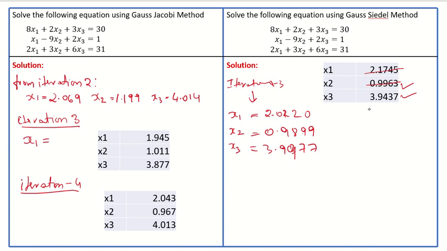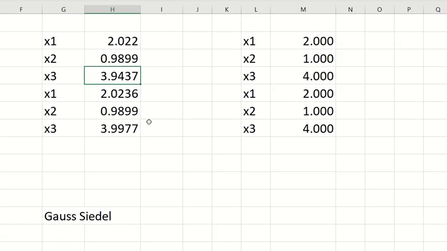Okay, so in iteration 4 what you are going to do? In iteration 4, this value is updated with this. The updated values are used to find out x1, x2, x3. So first let us find x1. For x1 you are going to use these two answers as x2 and x3 and substitute in equation ABC.